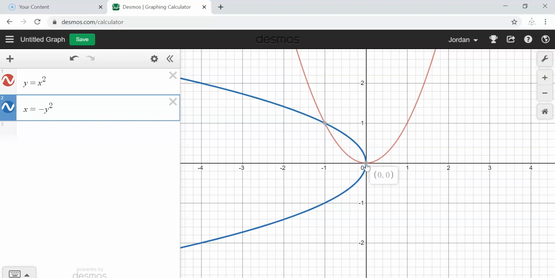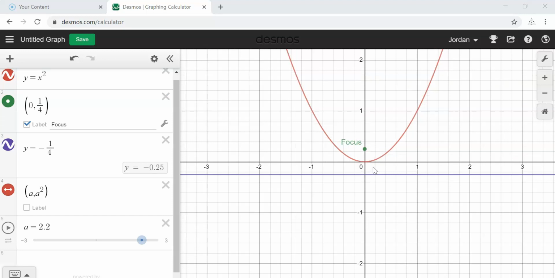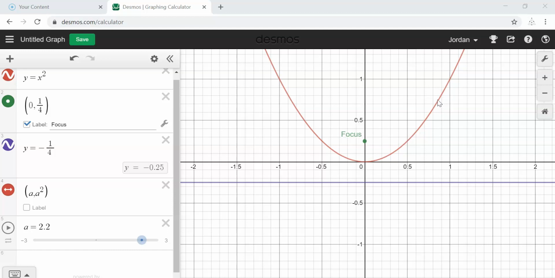Obviously, in both of these parabolas, our vertex was at the origin, 0, 0. I made it that way to make it easier to look at. Now, let me just for a moment describe what the focus and the directrix are. What I've done is create the focus and the directrix on this equation. It turns out the p-value is 1/4 in this y equals x squared case.